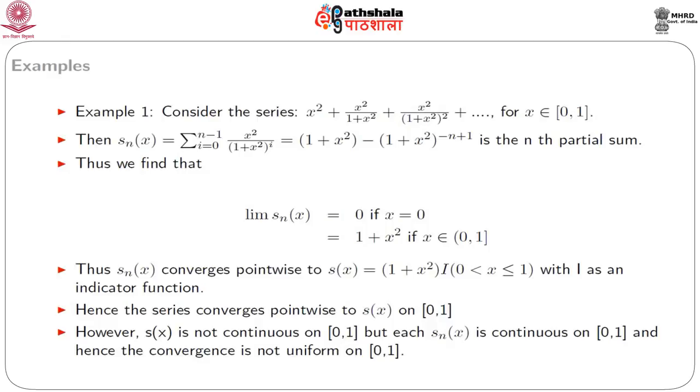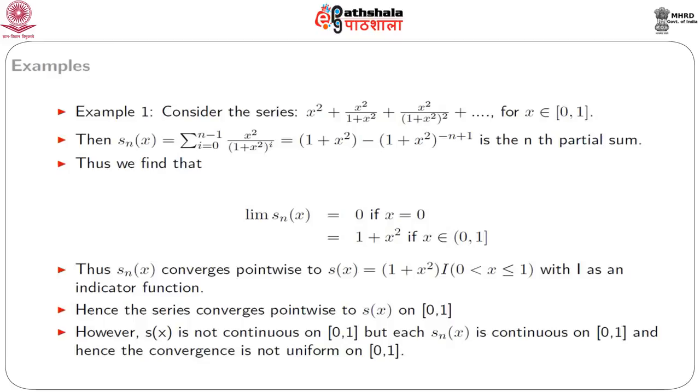Thus, we find that the limit of Sn(x) is 0 for x equal to 0, and it is 1 plus x squared if x belongs to the interval (0, 1], where the endpoint 0 is excluded from the interval.